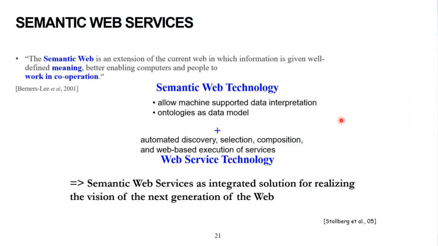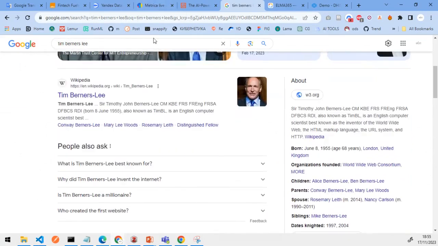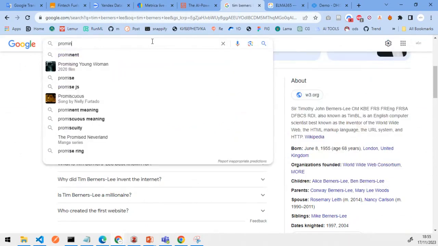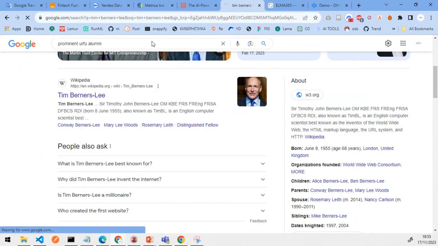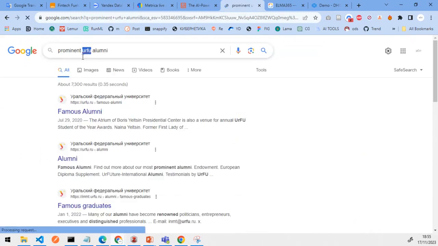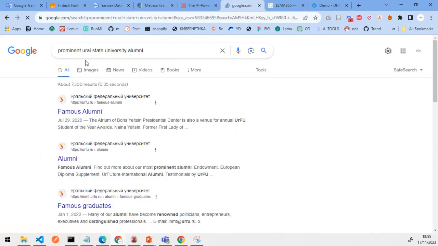So, for example, when you use a search engine and you search for anything, let's say I search for prominent UFU alumni.